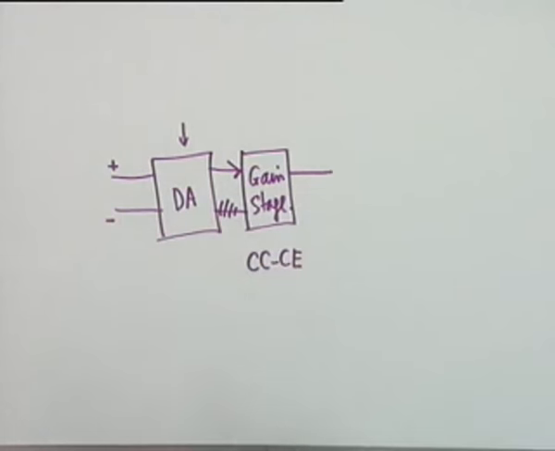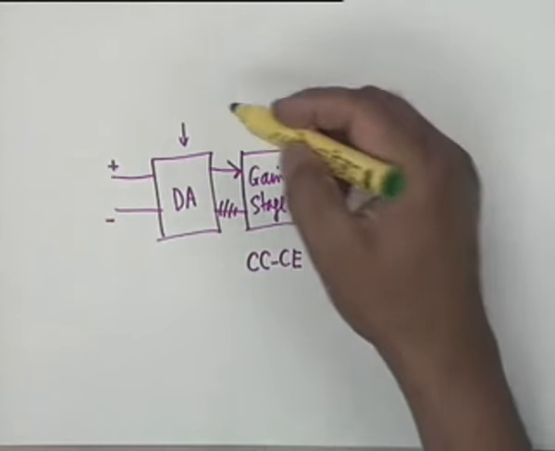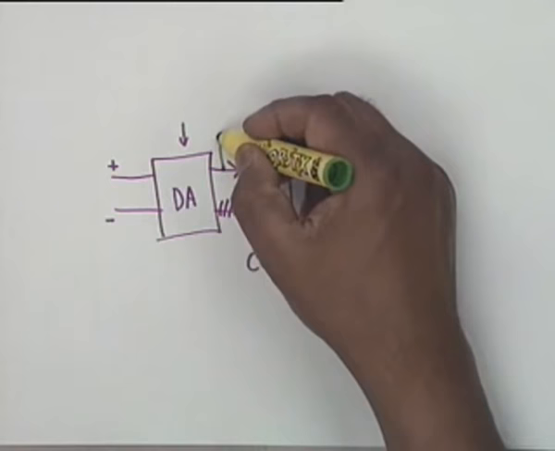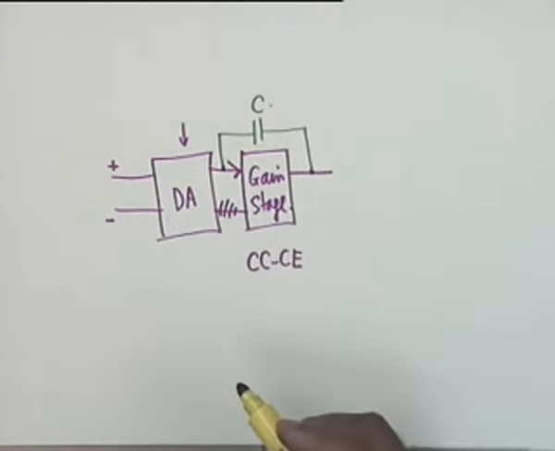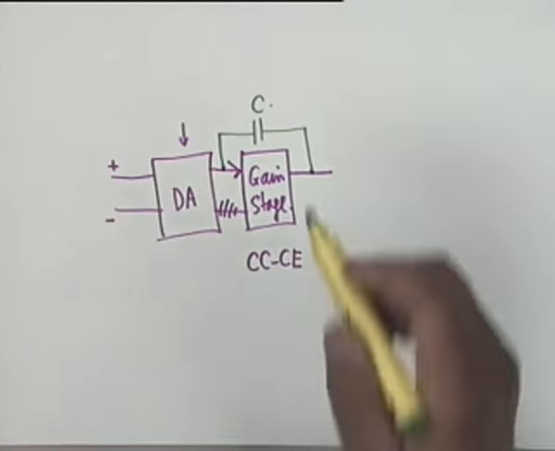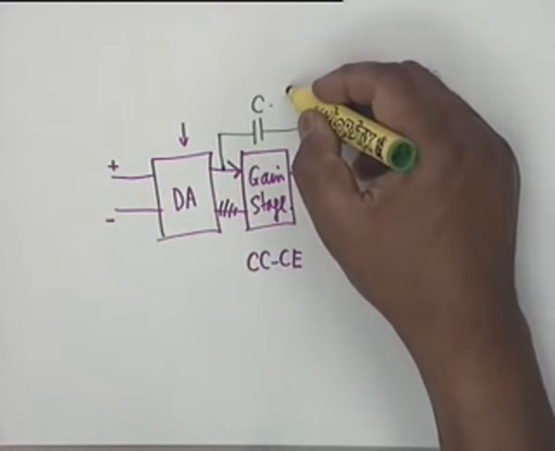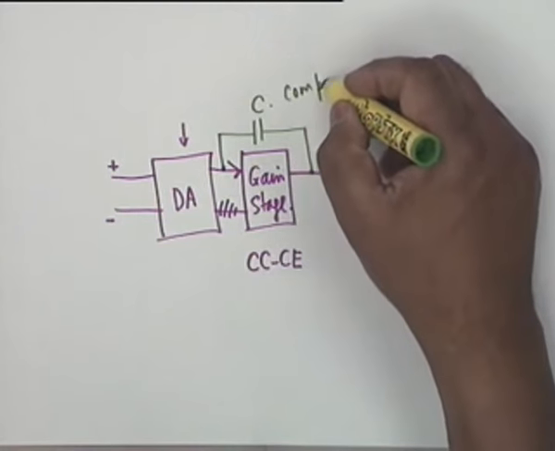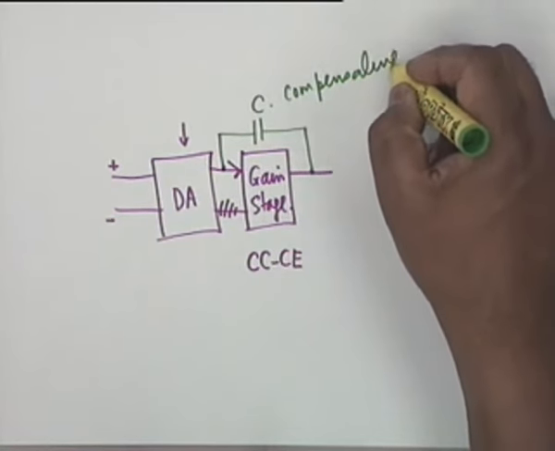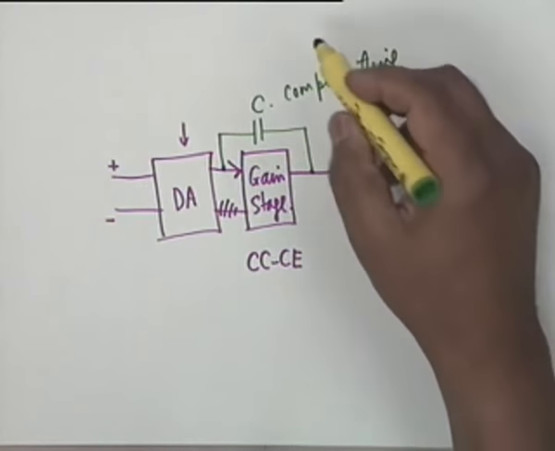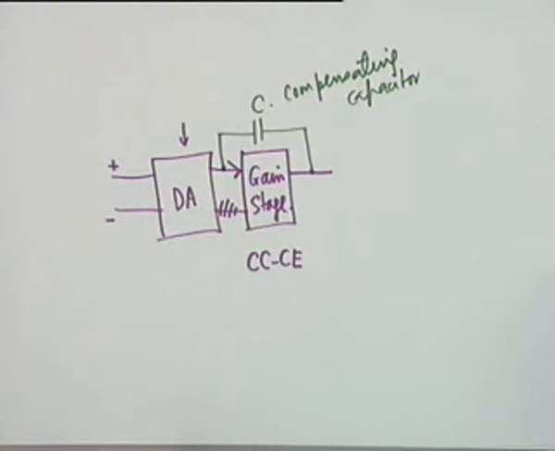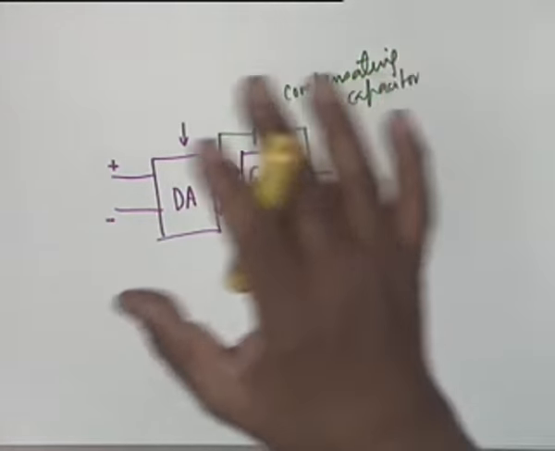Now, usually a capacitor C is attached from the input to the output. This capacitor is called, for reasons to be discussed a little later, a compensating capacitor, sometimes called frequency compensating capacitor, and it is this capacitor which brings down the 3 dB point to several tenths of hertz.